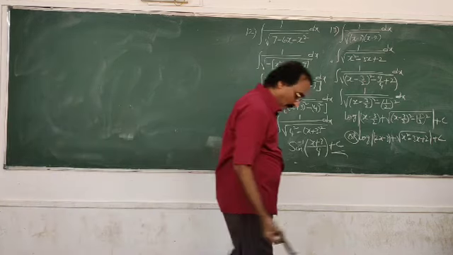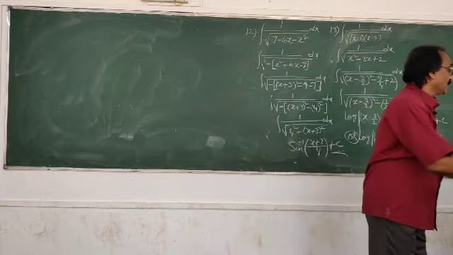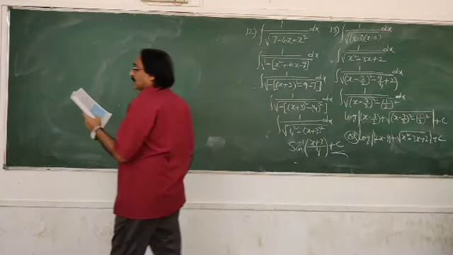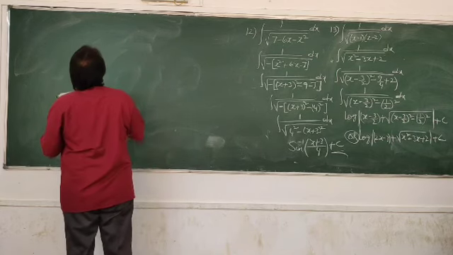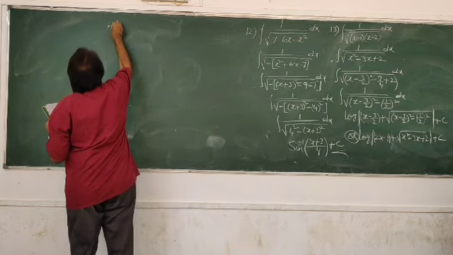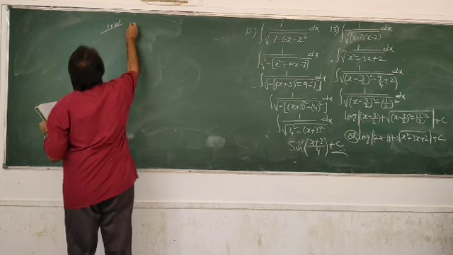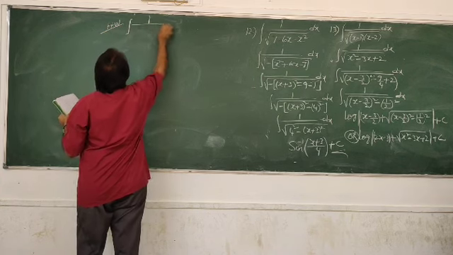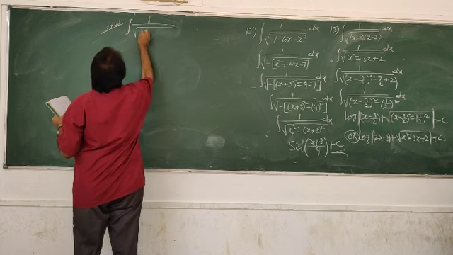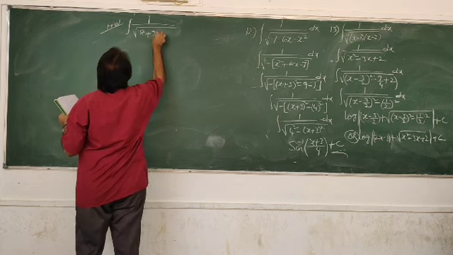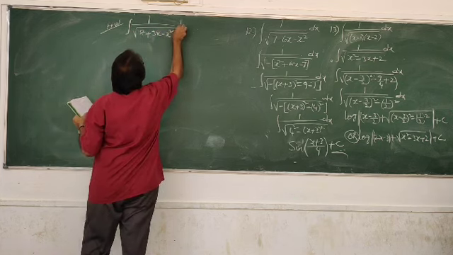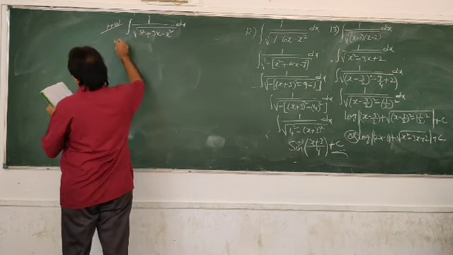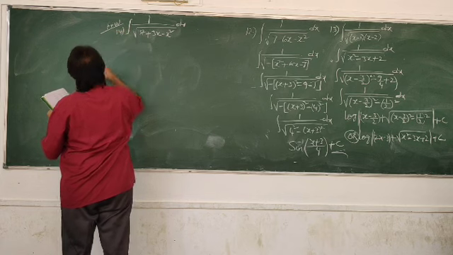So we can do these problems very fast, very easily also, provided you know that. Now problem number 14, homework: integral 1 by root of 8 plus 3x minus x square dx. Same as the 12th problem, this is problem number 14.